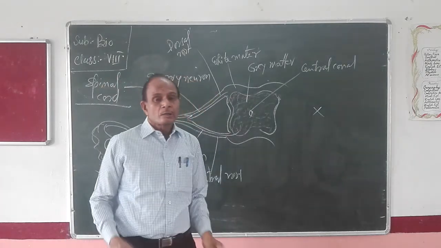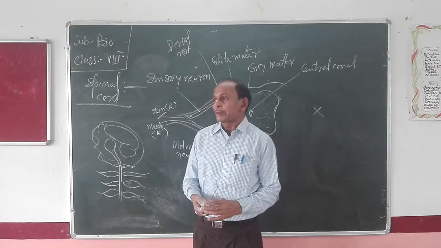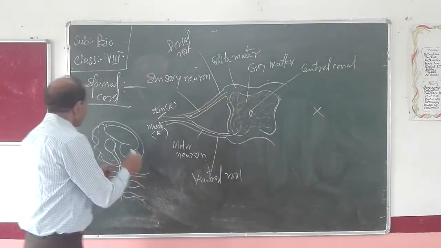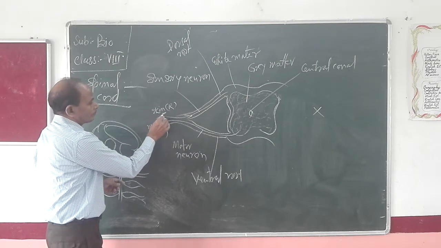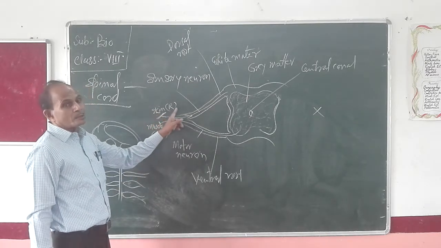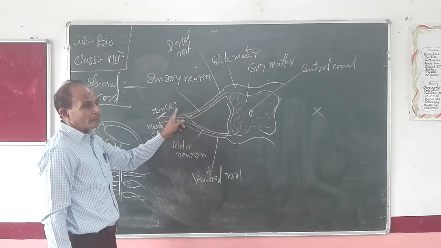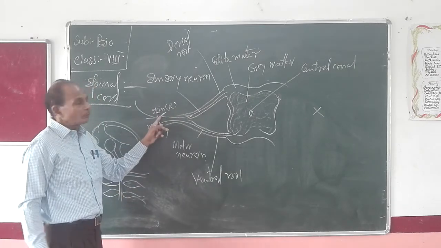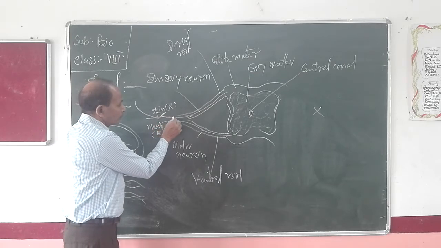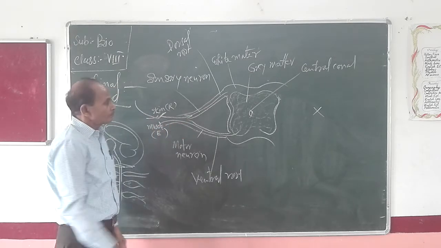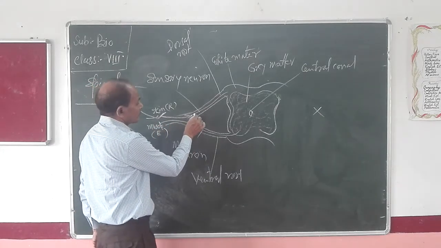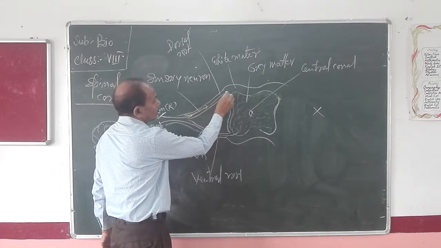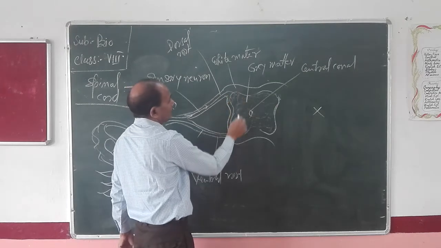Now, we had also said the spinal cord controls reflex actions. This is your skin. Already you know skin is a receptor. It receives all the stimuli. If any stimulus acts, the information is received, and with the help of the sensory neuron, it is carried to our spinal cord.